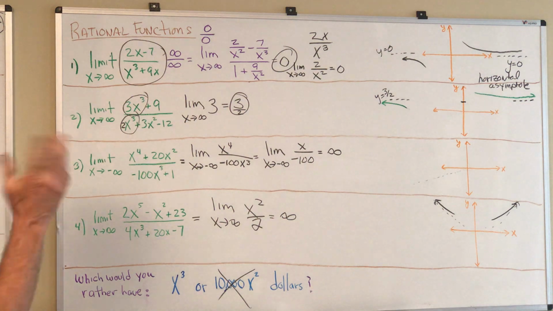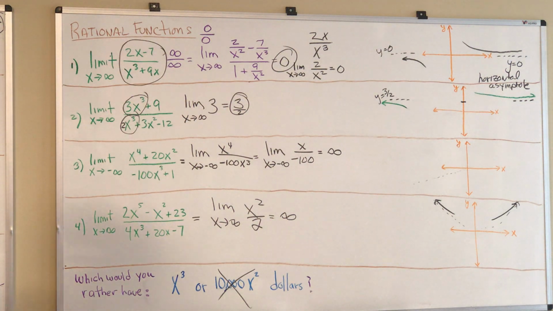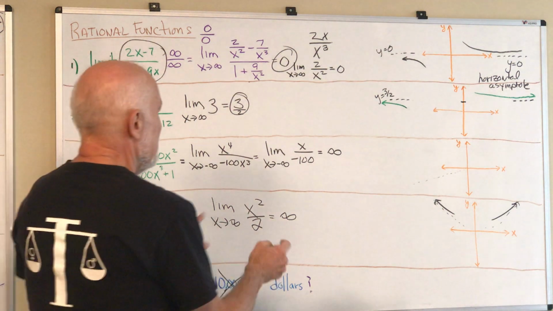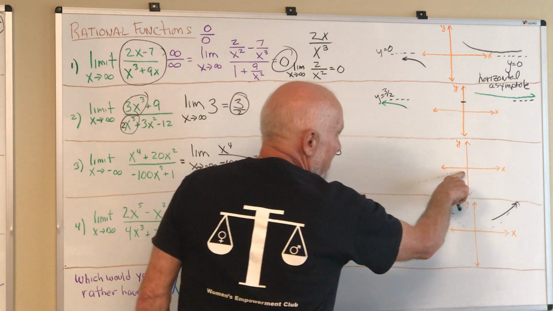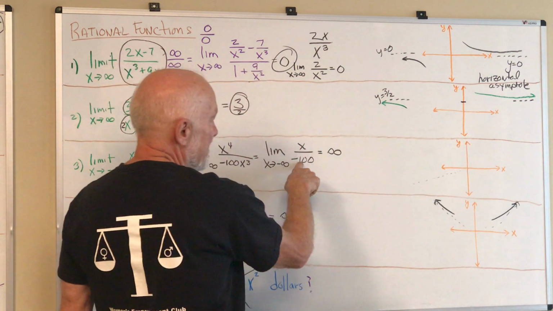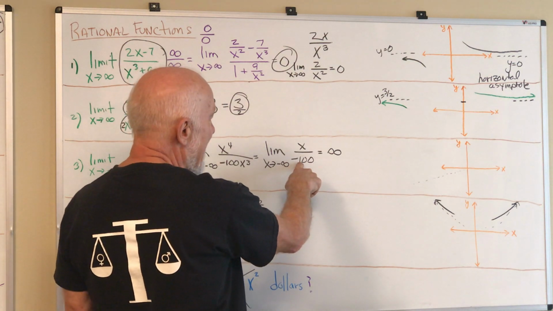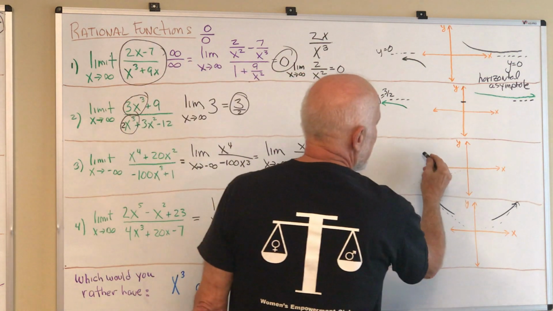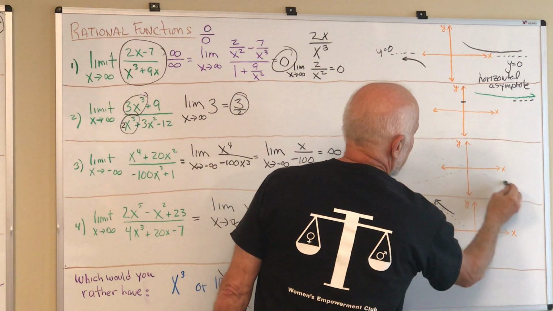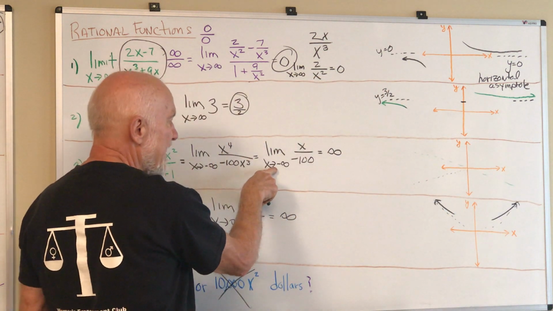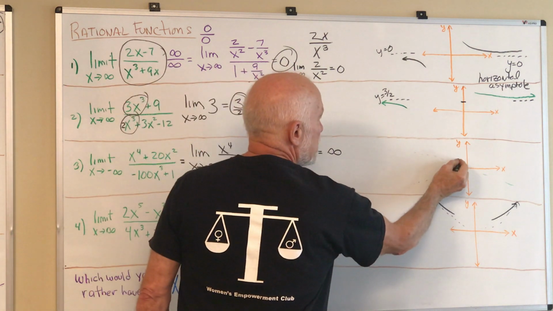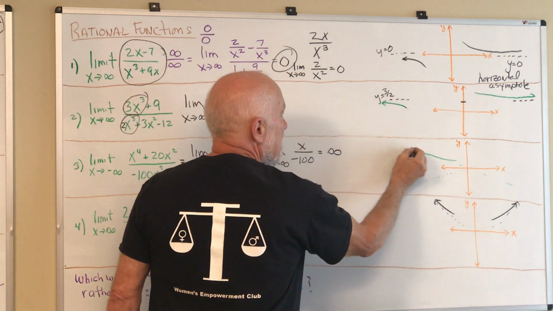Now, I was a little confused, and you probably saw that. This answer turned out to be infinity. That's a positive slope. The slope of this graph is going to be negative 100th x. So it's going to go like this. So the function, as x approaches negative infinity, it's going to go up to infinity.